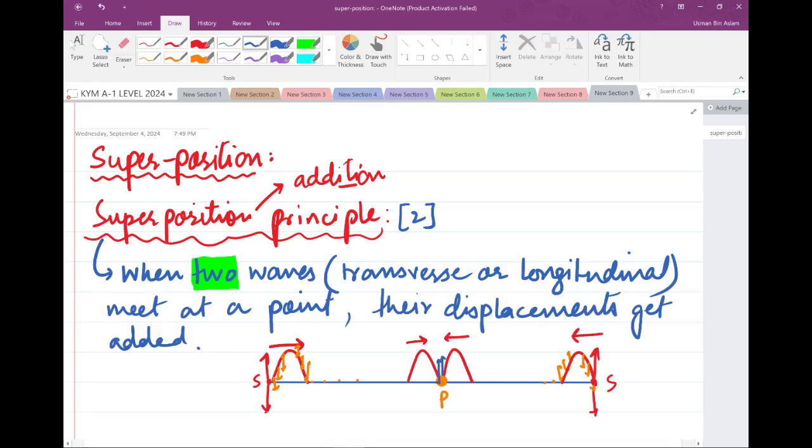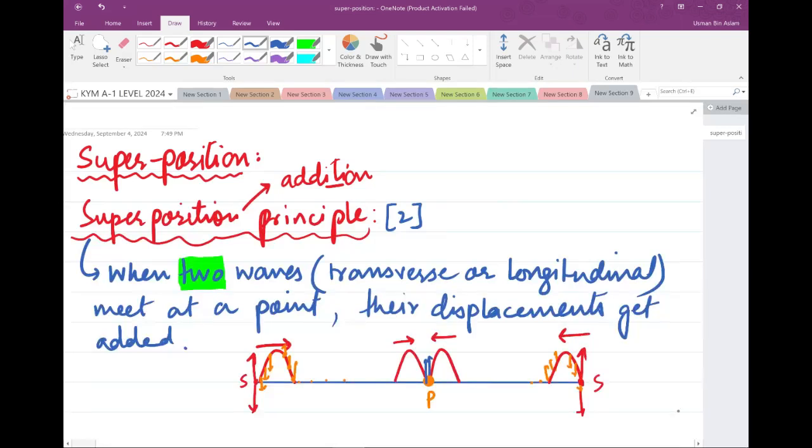So this point P will get deflected upwards, but both the displacements of the waves will get added together. That means when the leftwards crest and the rightwards crest overlap onto each other, the particles are going to get displaced to a resultant displacement that will be greater than either of them.